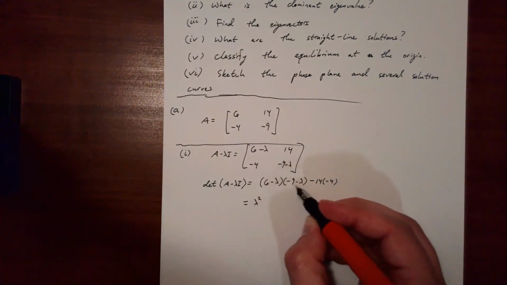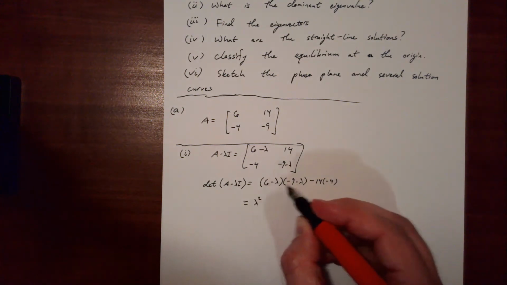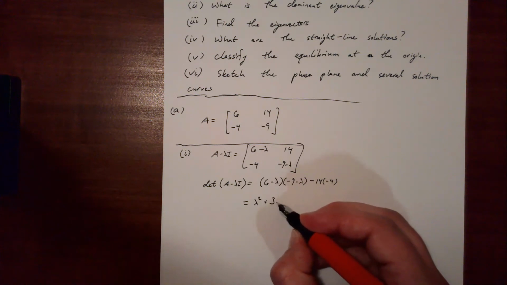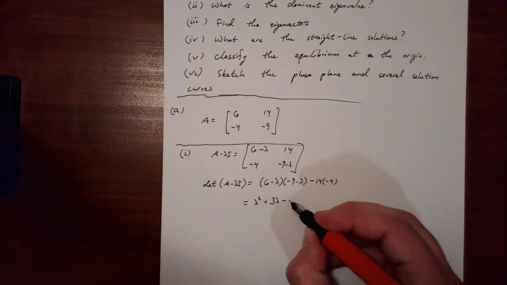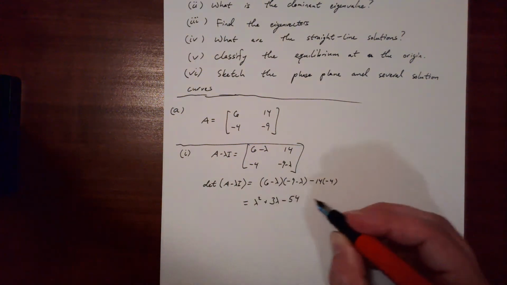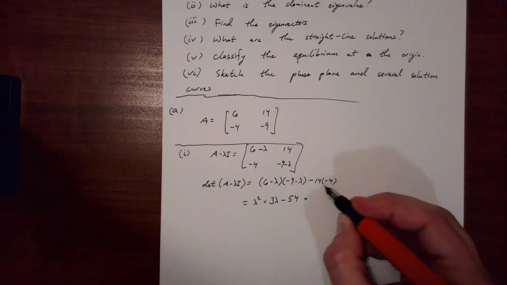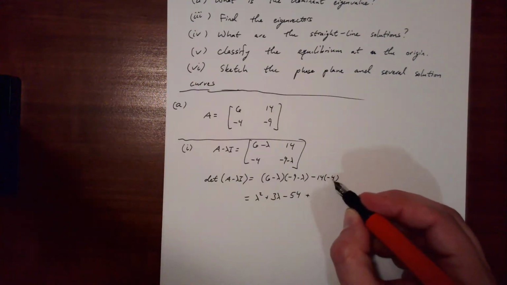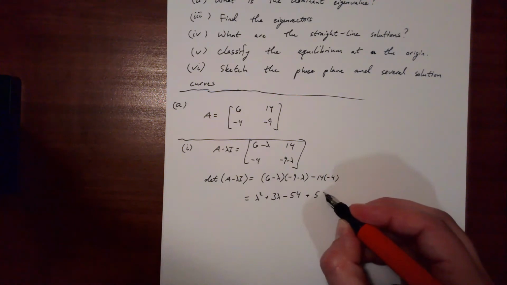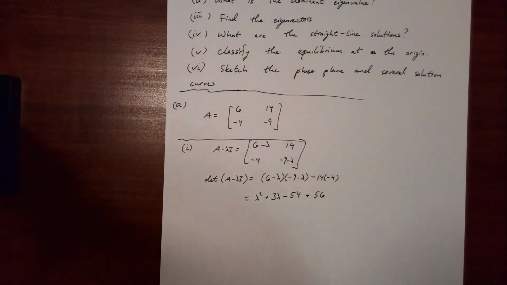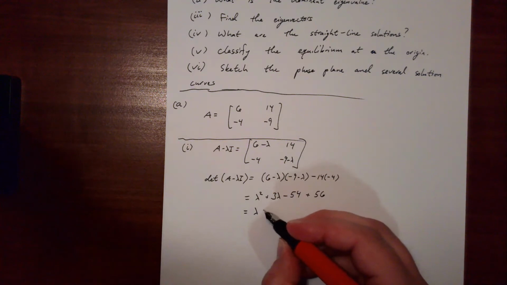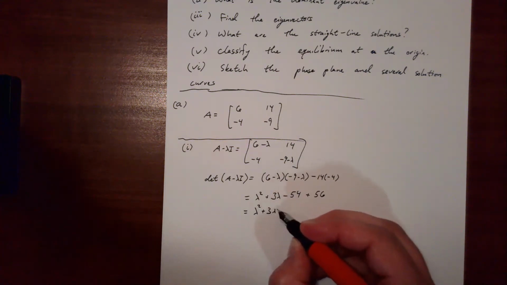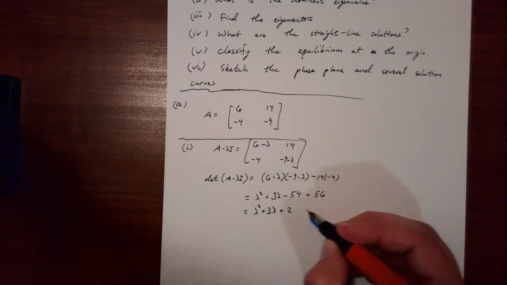Okay, and so what's this going to be? For lambda squared, we're going to have -6 and +9, so a total of +3 lambda. And then we're going to have -54. And on this one it's going to be plus, so 14 times 4 is 56. So what is that going to leave us with? That is lambda squared plus 3 lambda plus 2.